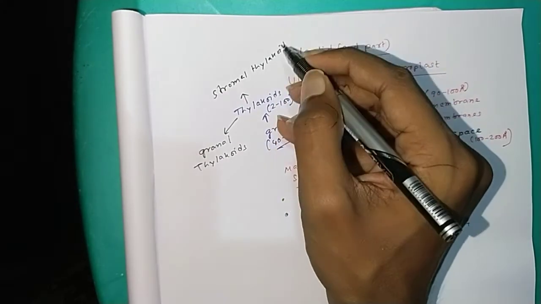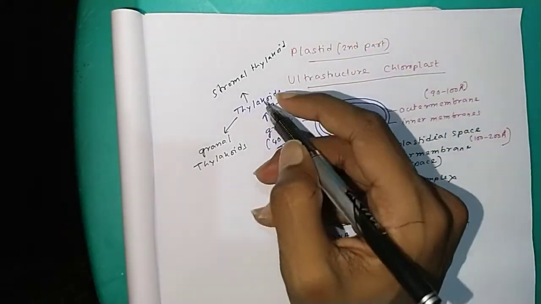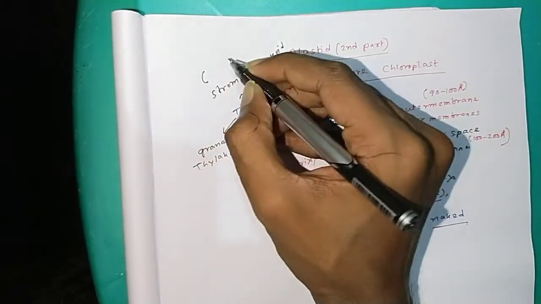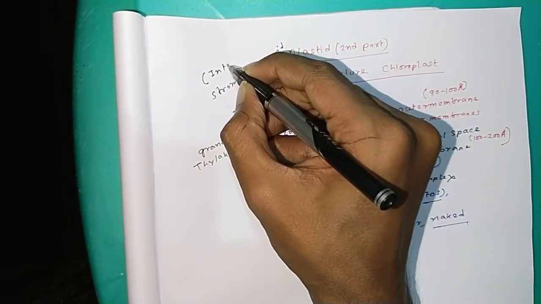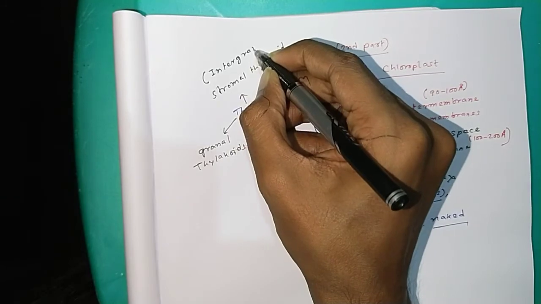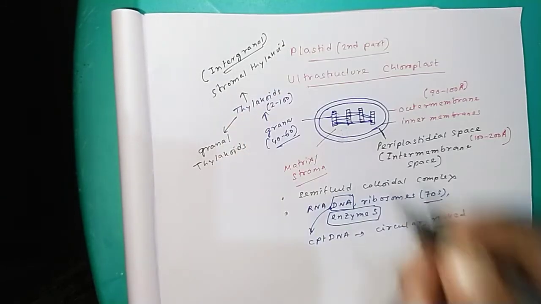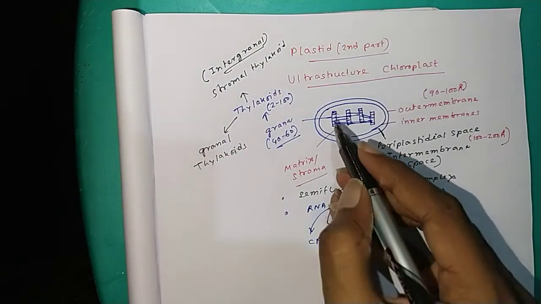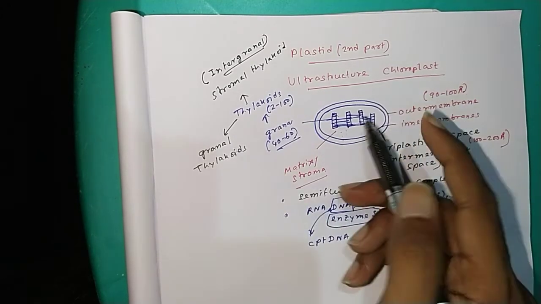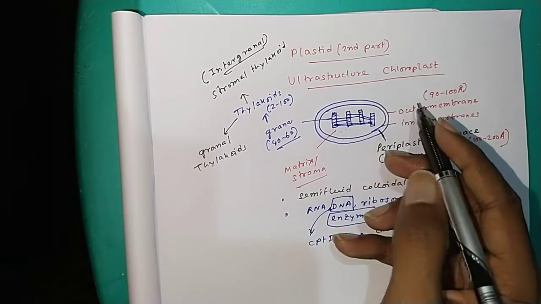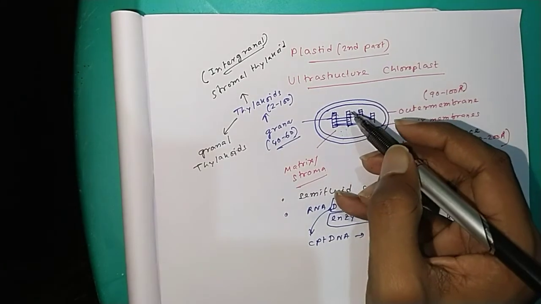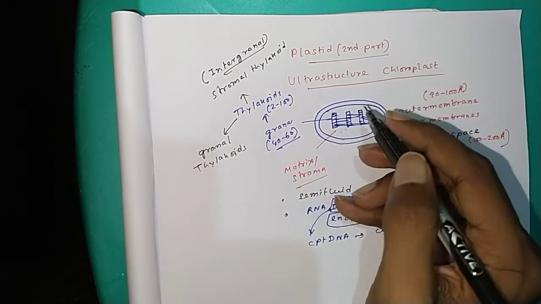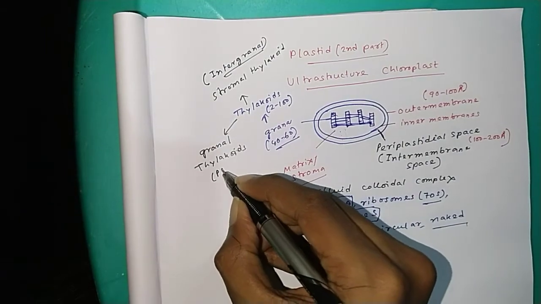The stromal thylakoids can also be called intergranal thylakoids because they are present in between the grana in the stroma.